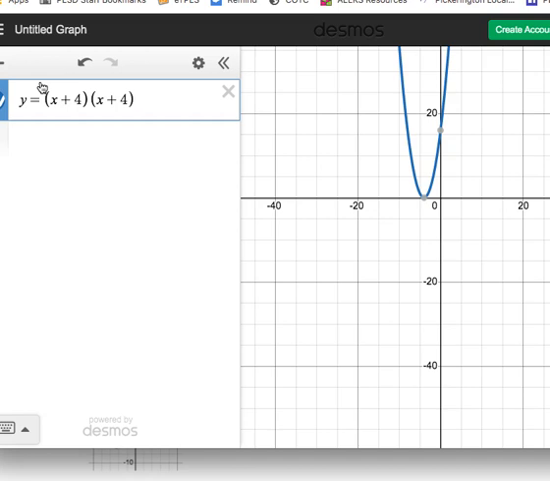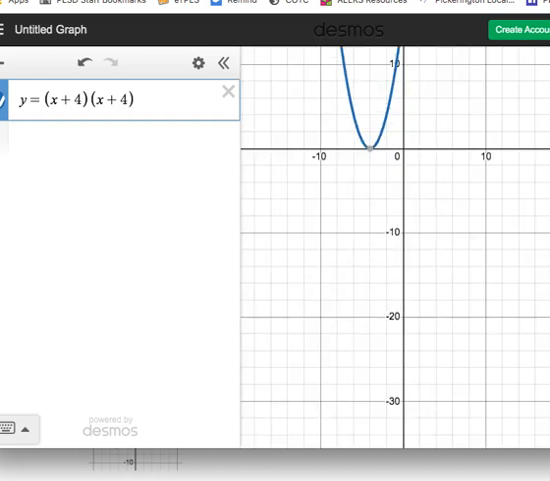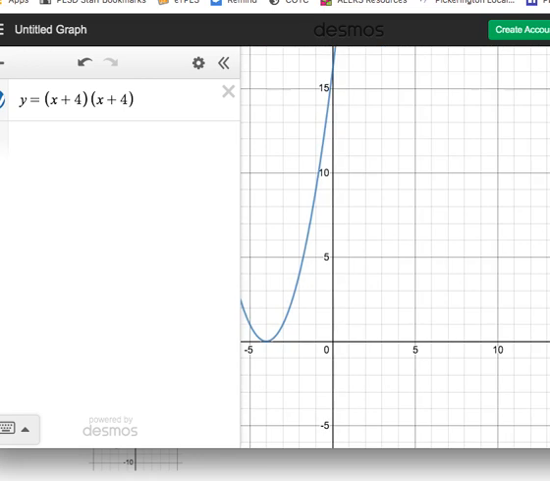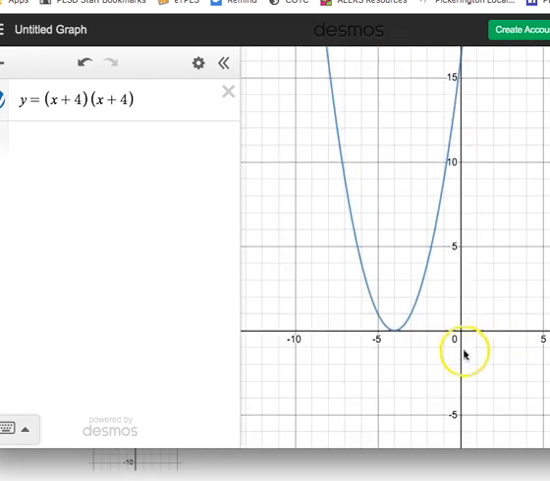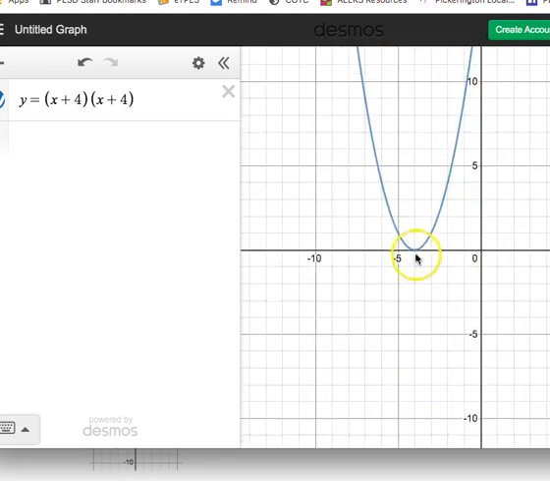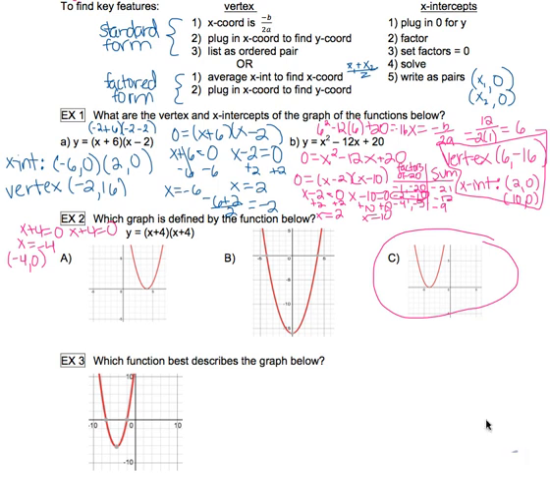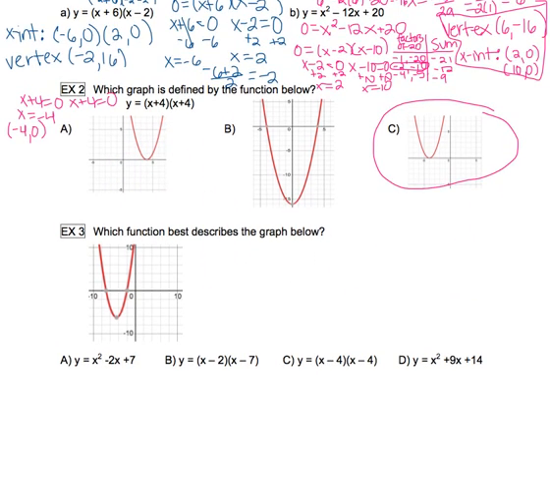Now notice I've got a much smaller window here, so if I zoom in and then drag it so I can see it better, you can see that I end up with that negative 4 x-intercept, so you could match it that way.